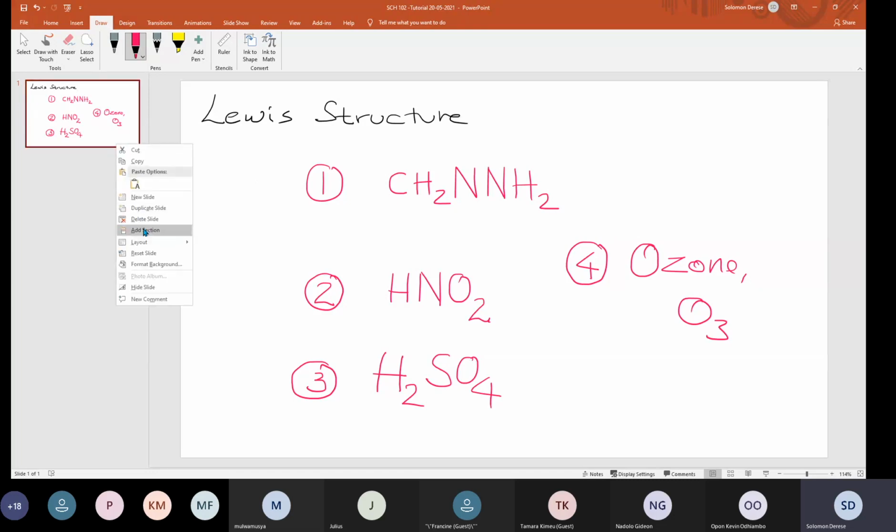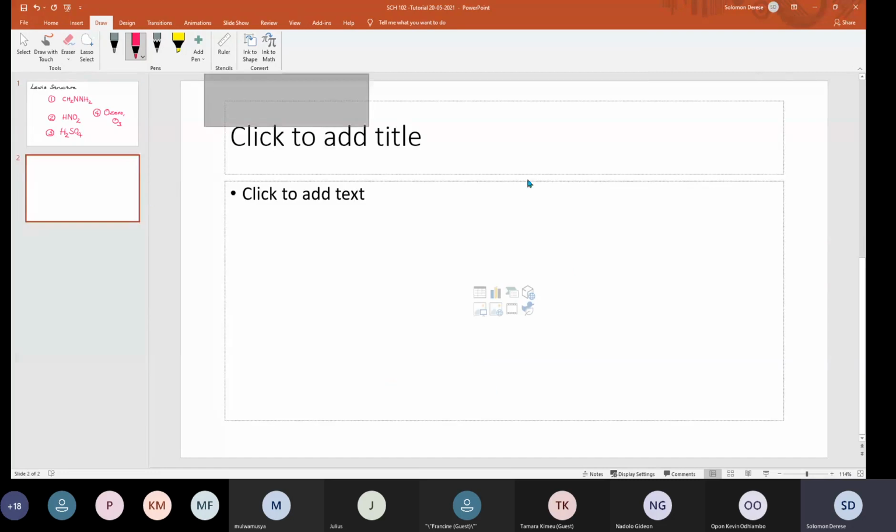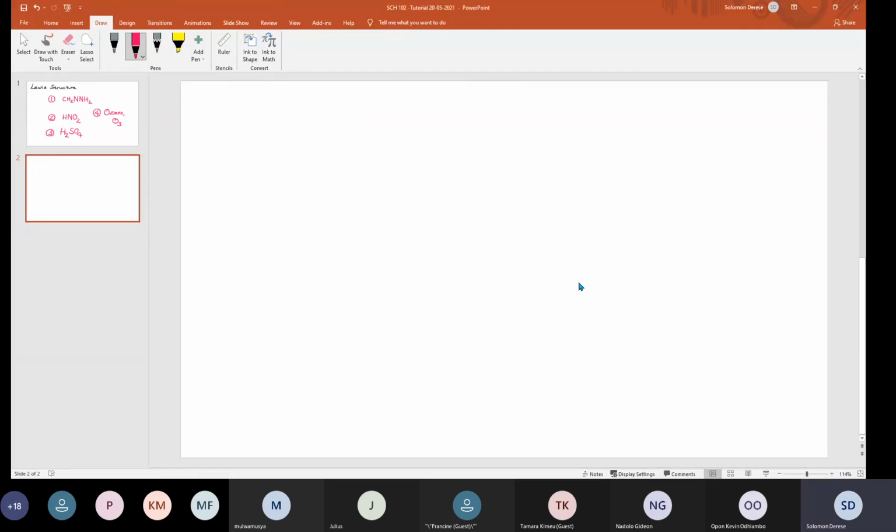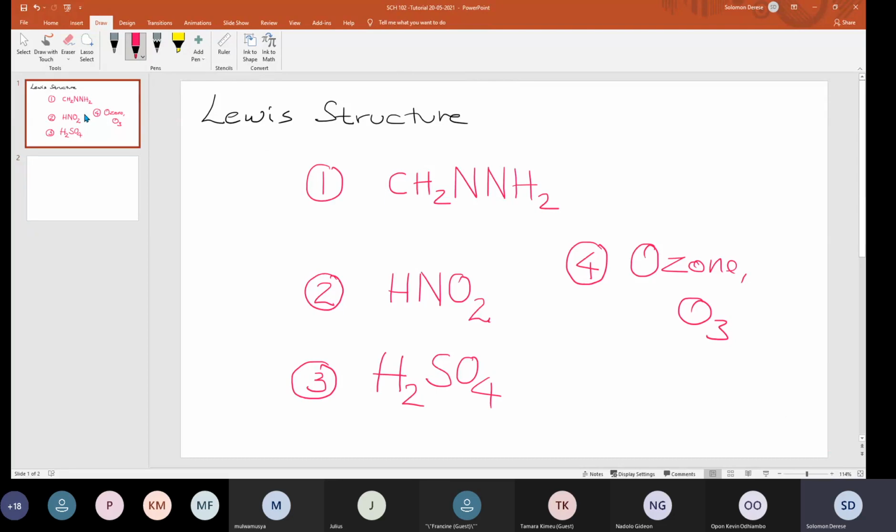But today I will start by discussing with you first how to draw Lewis structures. And as we do so, of course, if some of the compounds happen to have resonance structures, we'll also have a look at them.